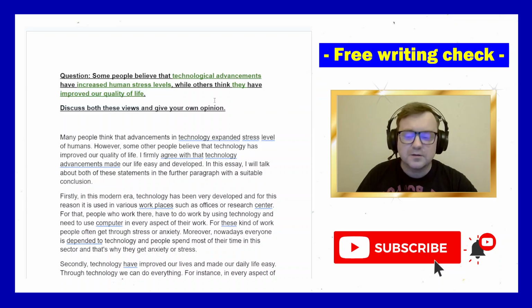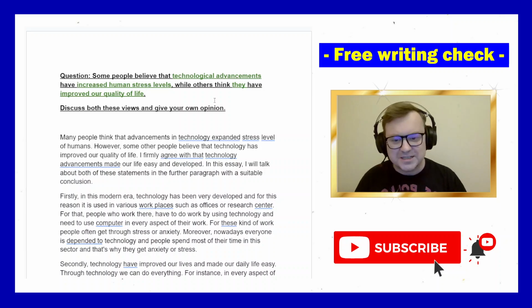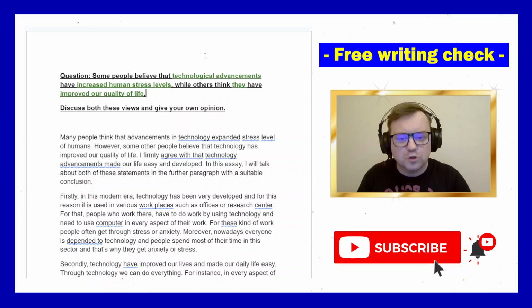So the structure, very easy for discuss both of these views. Paragraph 1, introduction. Some background about technological advancements, a reference to the question and both sides, a thesis statement saying what your opinion is and what the essay will discuss. Then body paragraph 1, where you talk about reasons why people believe that technological advancements have increased human stress levels.